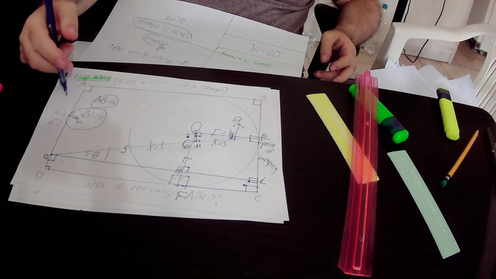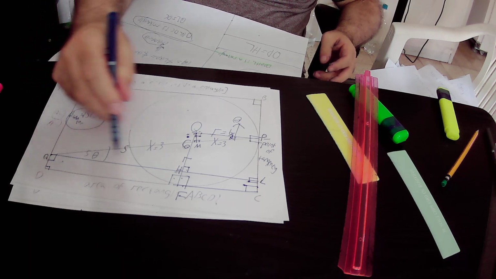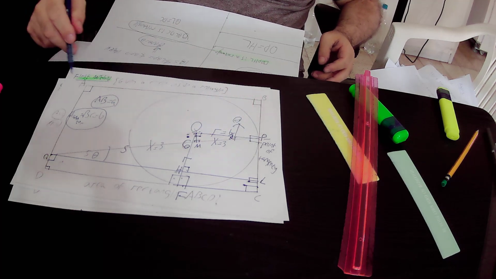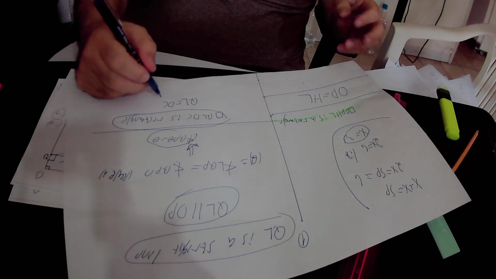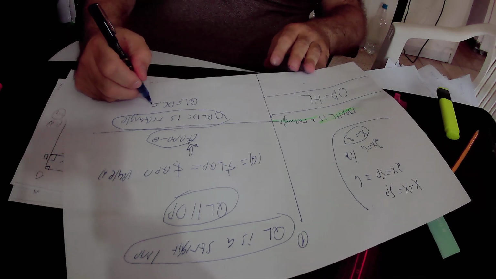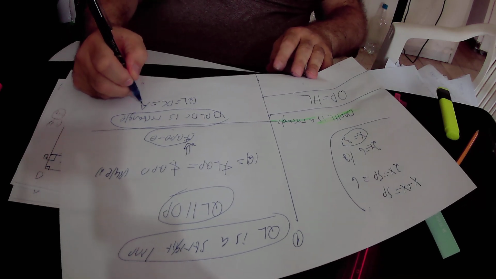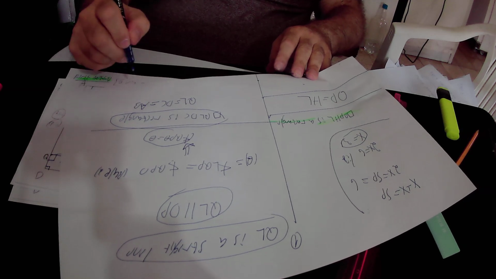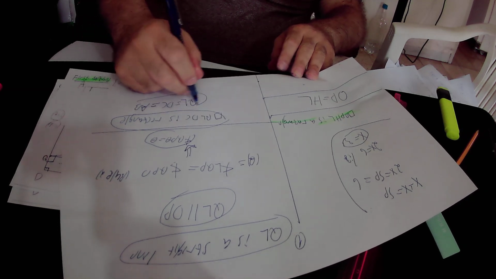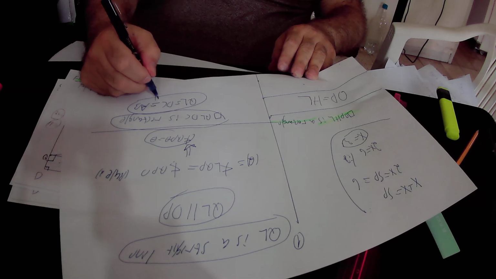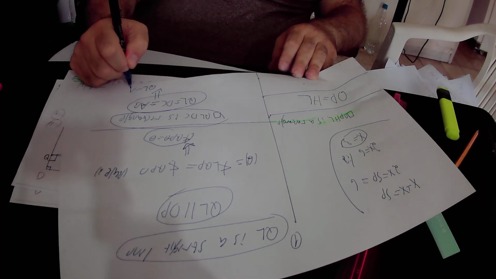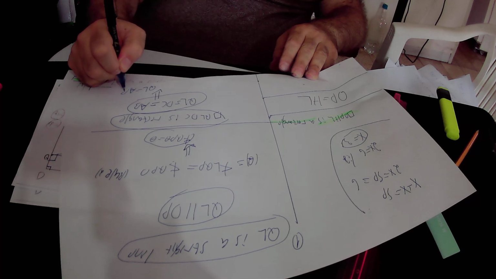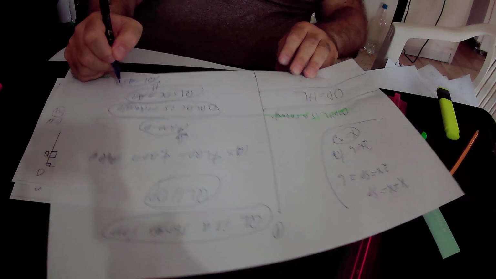That is to say, side DC equals the opposite side AB. And from the equation QL equals DC equals AB, we derive that QL is also equal to AB.